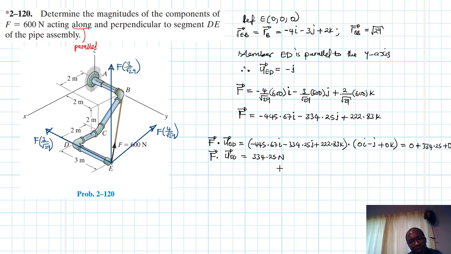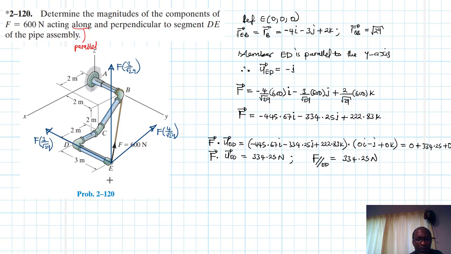So now we have one value, which we can also write as F parallel to ED equal to 334.25 newtons.